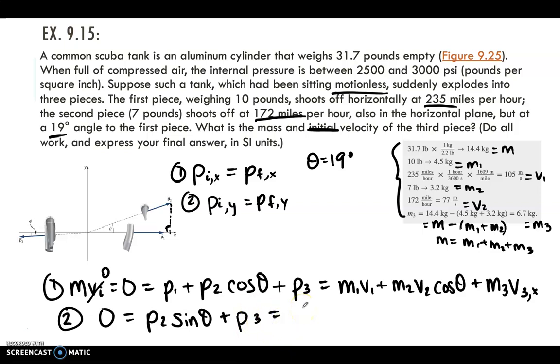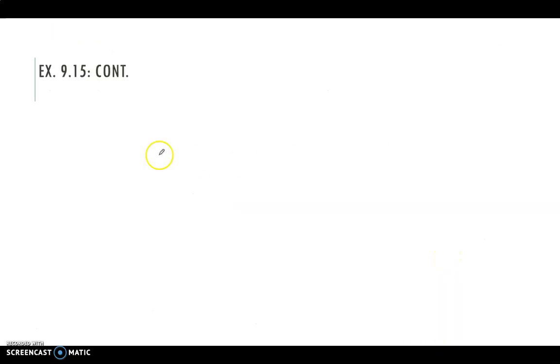So now we're looking at the y. We have m2 v2 sine theta plus m3 v3 comma y. So this is our setup. We then want to solve for our v3x and our v3y. I'm going to start that on the next page.